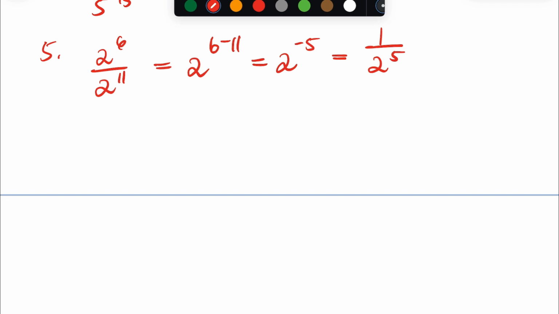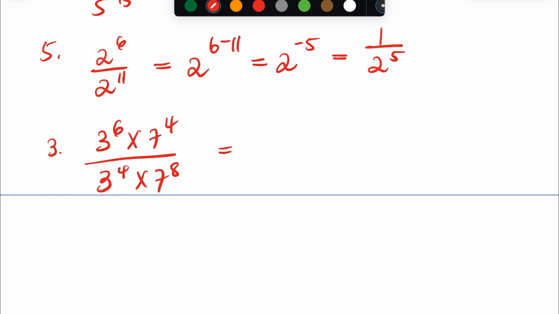Now let's take a case where we have two numbers. So it's 3 to the power 6 times 7 to the power 4 divided by 3 to the power 4 times 7 to the power 8. What we do now, we're going to focus on the 3s first. The bases are the same, it's 3, so we'll put 3 there. So we'll say 6 minus 4, and then there's a multiplication between the 3 and the 7.